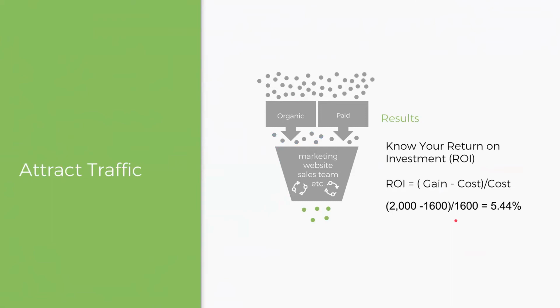Or say I have that $800 and next month I put it into paid ads. Either way, next month I get 2 clients. That changes my return on investment to 24%. That is a huge increase on value without increasing my cost.